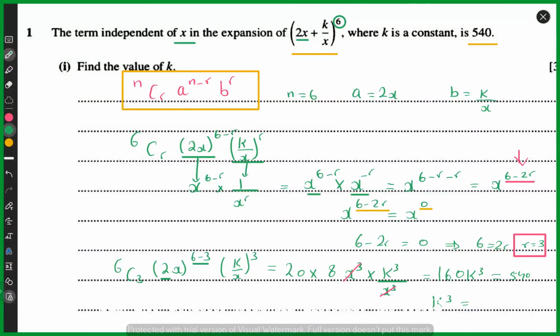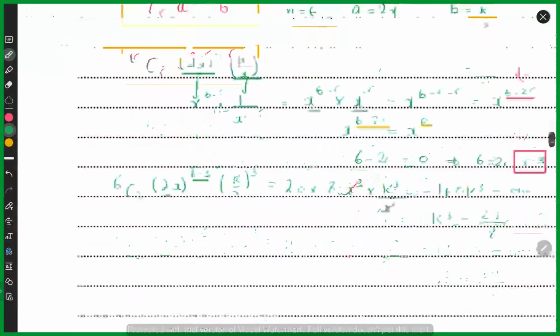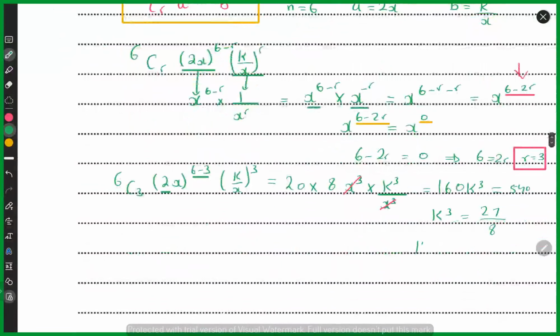And then the cube root of this. So 1.5. Yes, 3 by 2, very good. 1.5 or 3 by 2, right? You're getting 3 by 2, so that is 1.5. So this was 27 by 8, and then k is going to be 3 by 2. So k is equal to 3 by 2. And this is your answer, okay?